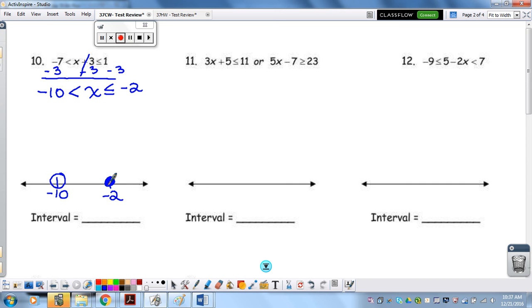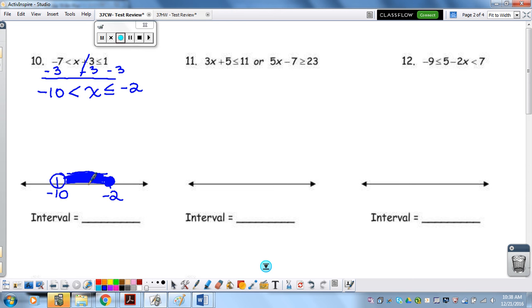Now, if you see, negative 10 is smaller than x, and x is smaller than negative 2, so what we're going to do is shade in the middle. A good helpful trick is, if the letter is in the middle, you shade in the middle. That's just another way of saying and, that anywhere in here will make your inequality true.